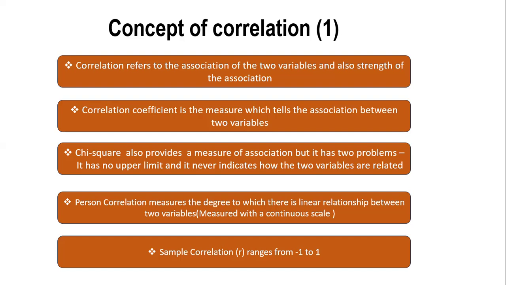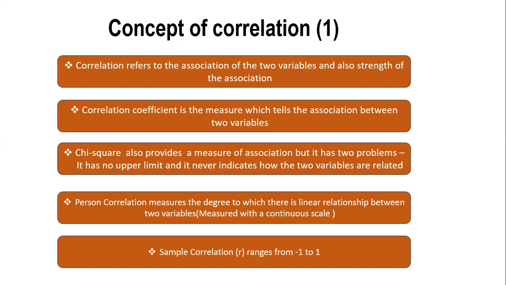That can be expressed in the term correlation coefficient. Apart from correlation, there is another technique called chi-square, which also tells the association between two variables. But the chi-square test has two main problems.